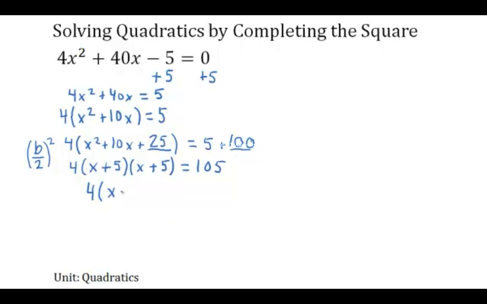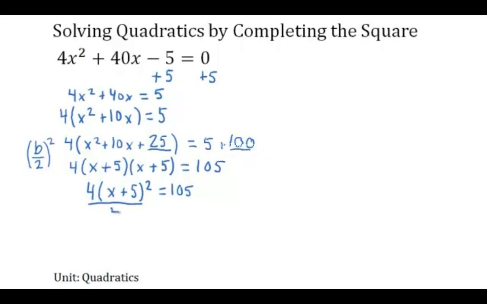Now we're going to use the power of 2 to simplify the left side: 4 times x plus 5 squared equals 105. And from here we are just going to solve, trying to get x by itself.